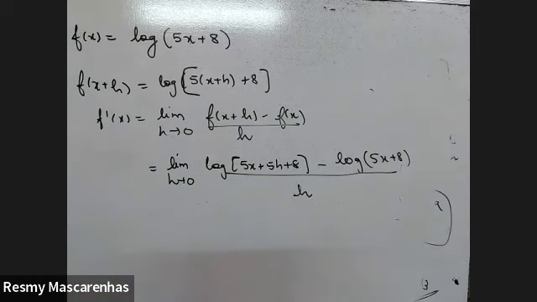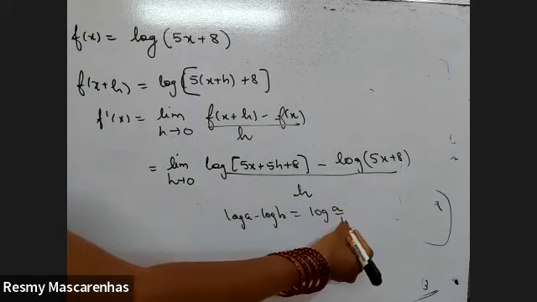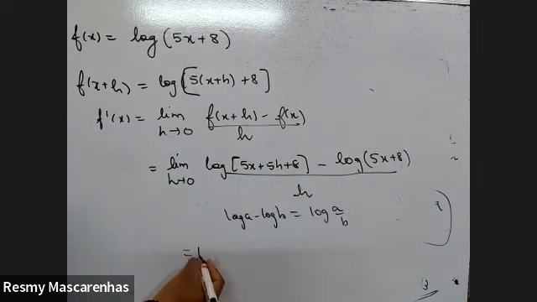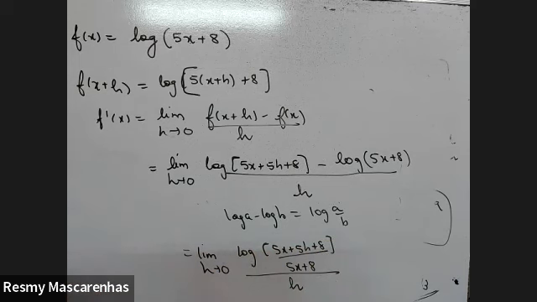Now how do we simplify this log? Whenever log is involved, remember log a minus log b is always equal to log of a upon b. So it is in the form of log a minus log b, so b will go down. Now related to log, you know only one formula under limits.